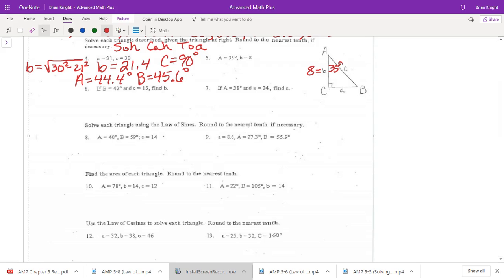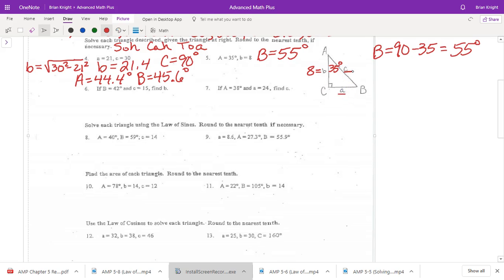Okay? So B is just going to be 90 minus 35, which is 55 degrees. Okay? Now what else do we need to find?